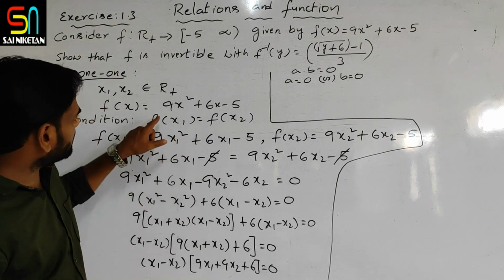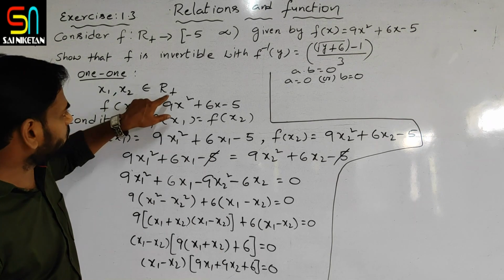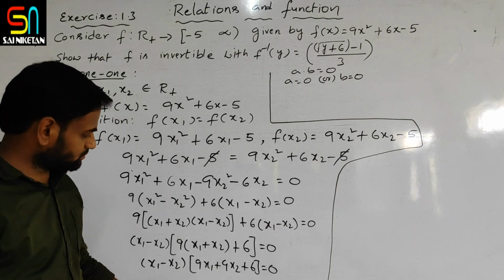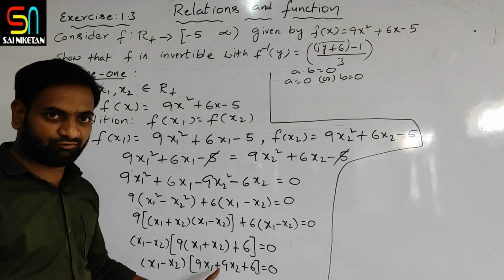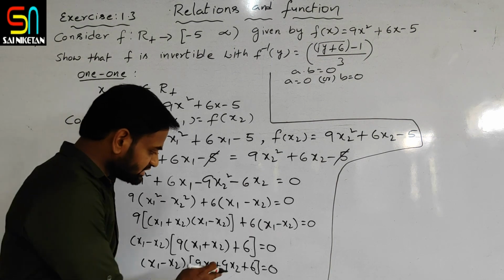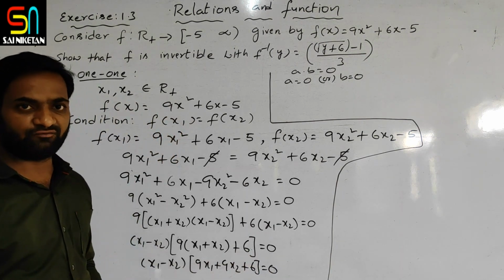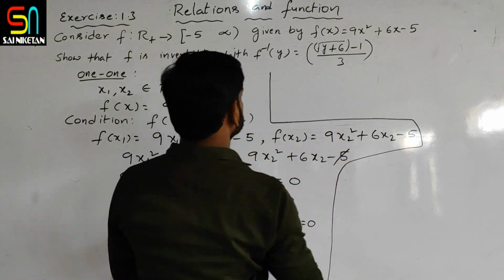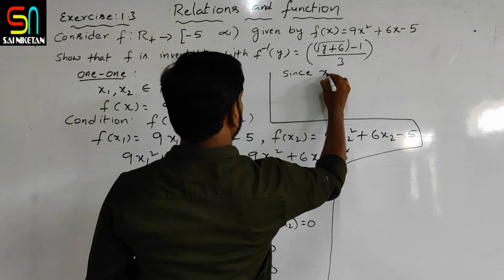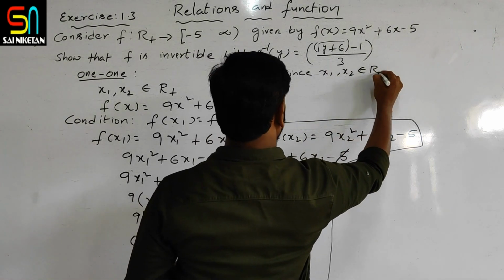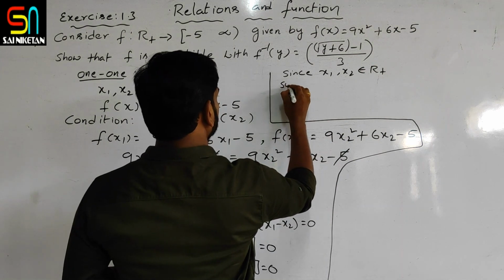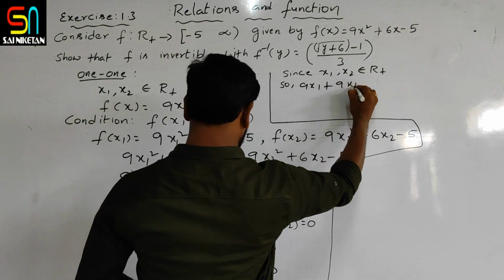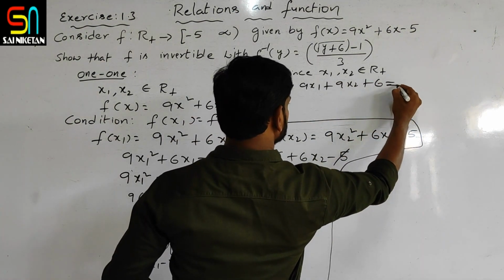Just see here, x1 comma x2 belongs to R plus. That means x1, x2 are positive. When x1, x2 are positive, is the expression going to be 0? Never. It is not going to be 0. Since x1 comma x2 belongs to R plus, 9x1 plus 9x2 plus 6 is not equal to 0.